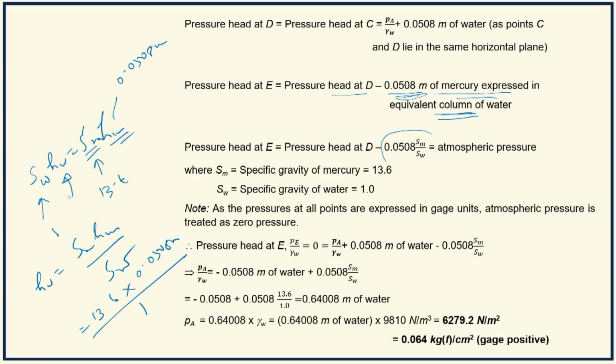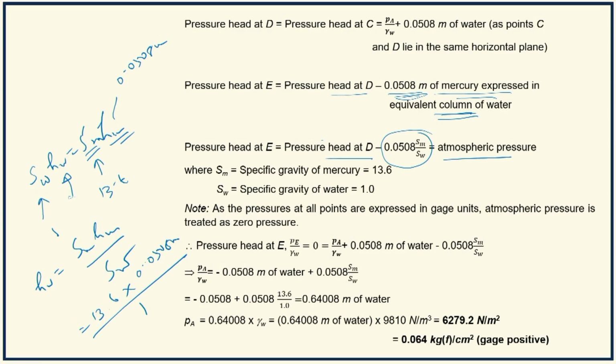This is how the column of mercury is converted into equivalent column of water, because we are expressing all pressures in terms of pressure head, and that pressure head is expressed in equivalent column of water. So pressure head at E is equal to pressure head at D in equivalent column of water minus column of mercury expressed in equivalent column of water.